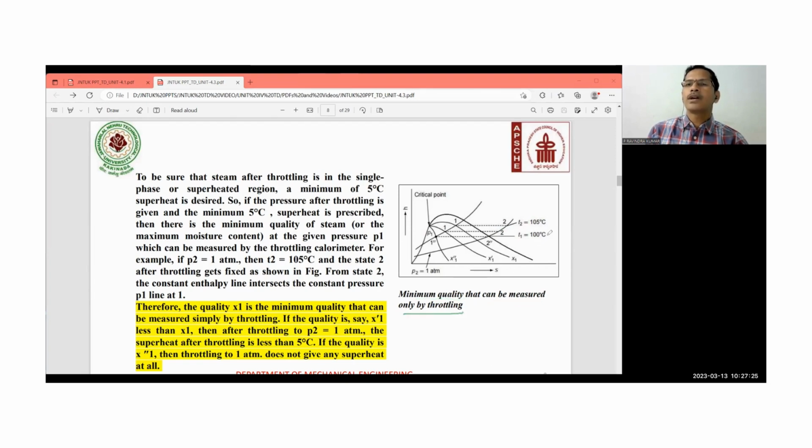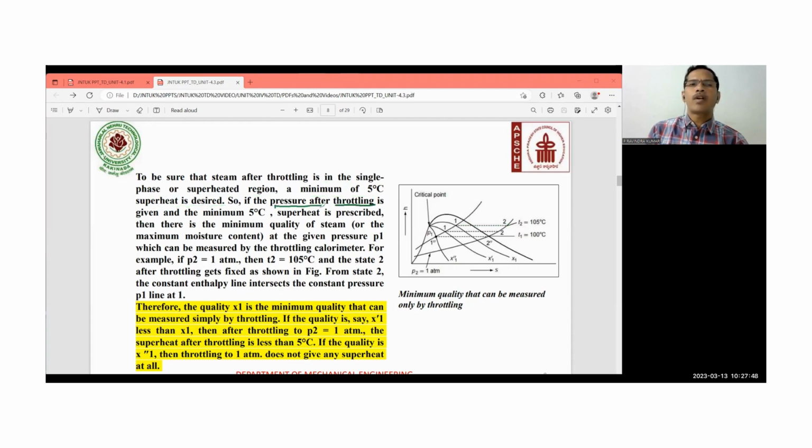To be sure that the steam after throttling, see here, the dotted lines representation, is in the single phase or superheated region, a minimum of 5 degrees centigrade superheat is desired.